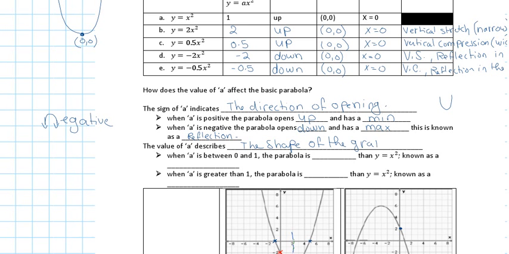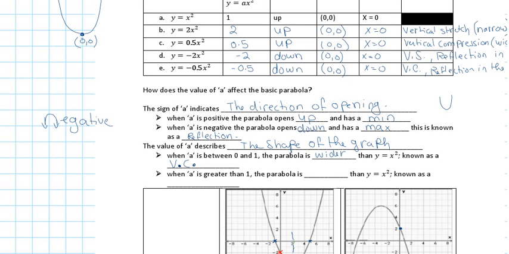If A is between 0 and 1, the parabola is, did we say, is it wider or is it narrower? If it's between 0 and 1, it's wider. And known as a vertical compression.